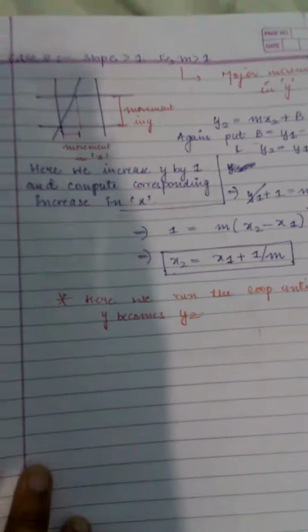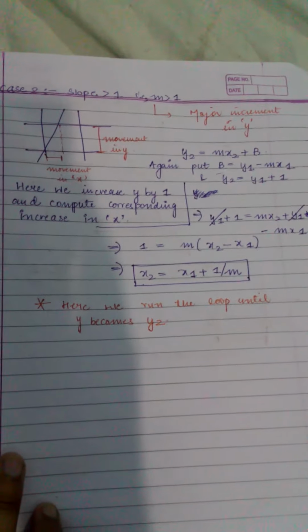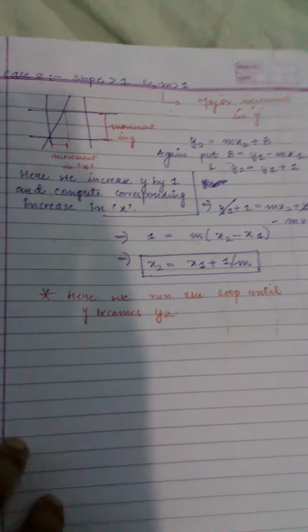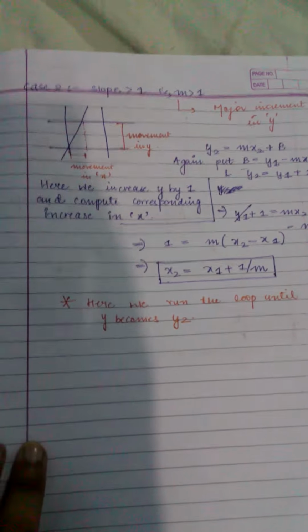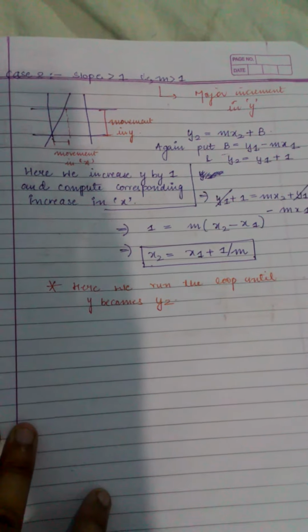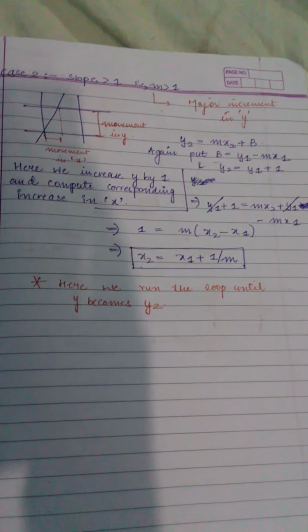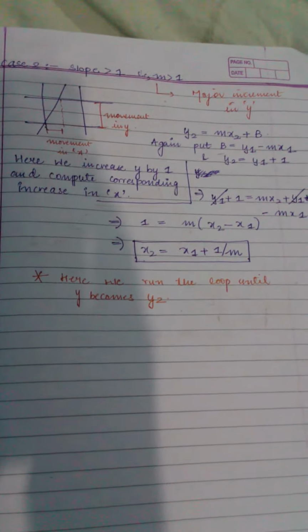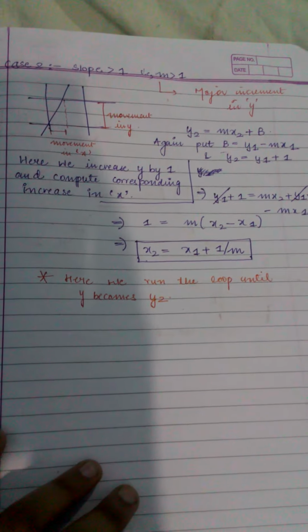Now we come to the next case, which is slope greater than 1. You can see from the figure itself that here the major movement is in y. That is, y will increase by 1 and we compute the corresponding increase in x.